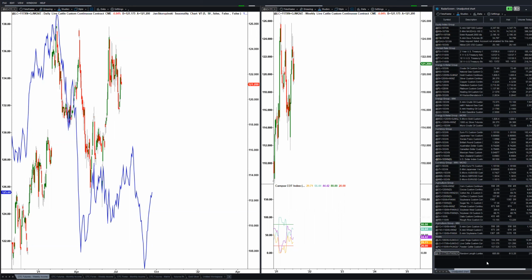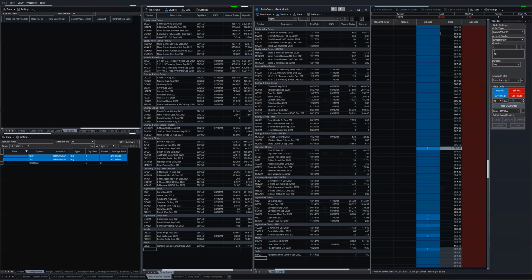But the front and back month workspace is more or less a living document, because there you have to change things: if the front month expires, remove it, move the back month there, and then find a new back month.